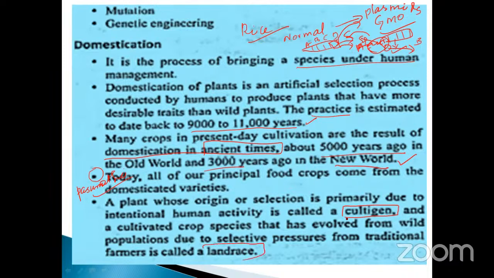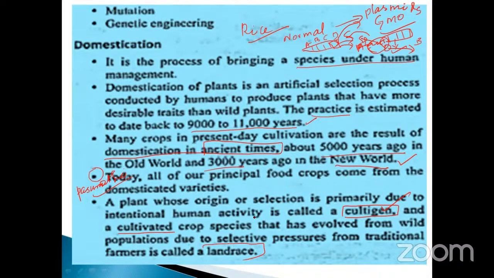One is called cultigen. Cultigen is nothing but the cultivated crops, already cultivated. How many years? Thousands of years or 5,000 years. New varieties also, the old world, and how many years? 5,000 years. New world, 3,000 years. The methodology is called cultigens. What is the meaning of cultigen?